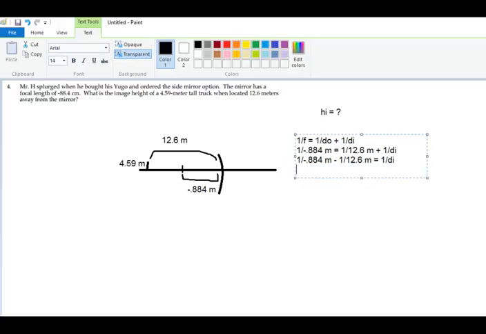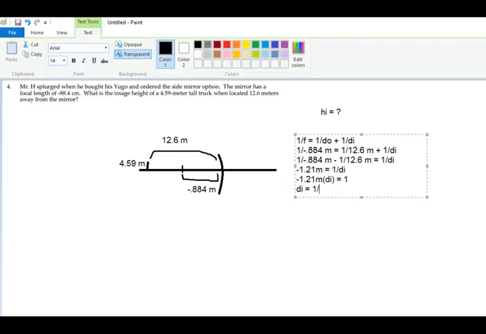And after you subtract them, you get something around negative 1.21 per meter, equals 1 over di. So multiply both sides by di and divide both sides by negative 1.21 to isolate the variable.